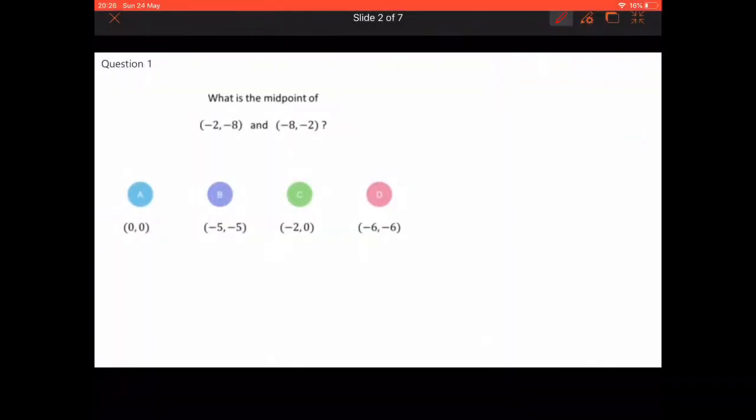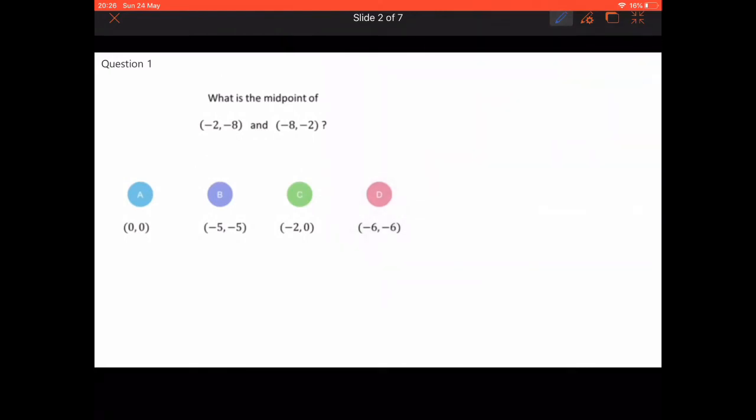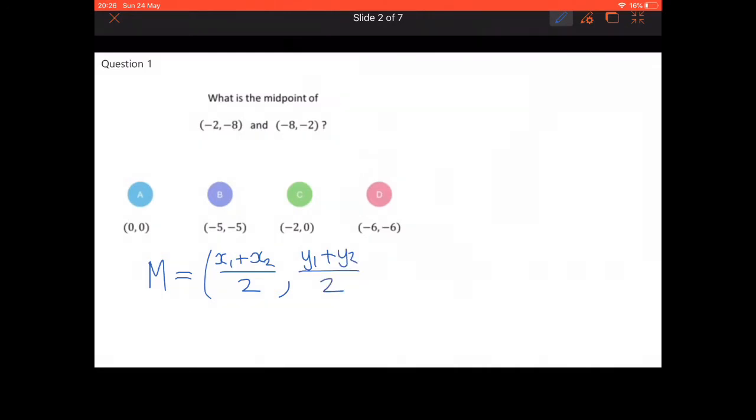So first of all, we'll write down the midpoint formula. M, and it's a capital M for midpoint, equals (x1 plus x2) over 2 and (y1 plus y2) over 2.